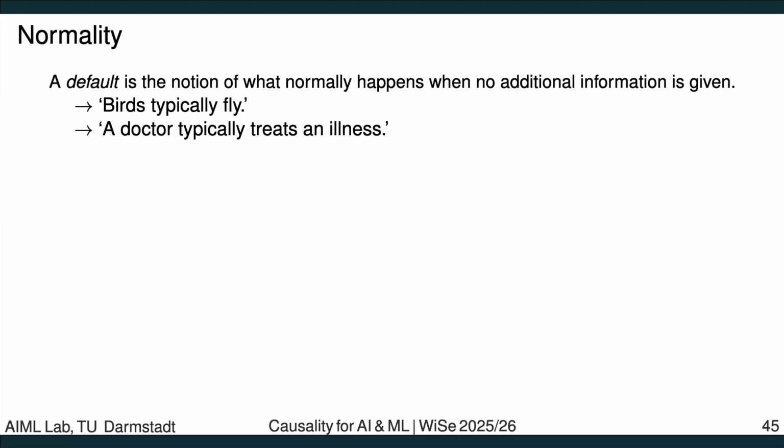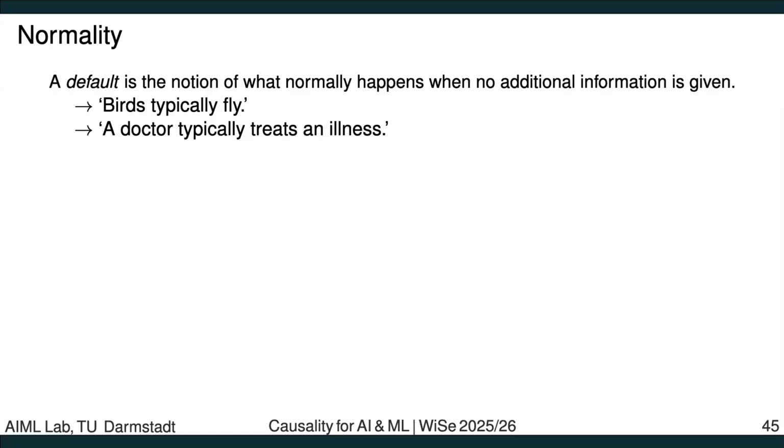And in this sort of reasoning, what people usually or sometimes consider is a sort of normality. In that setting, the concept of defaults basically tells us, okay, if I didn't intervene, what would be the expected state of my system? So birds typically fly.